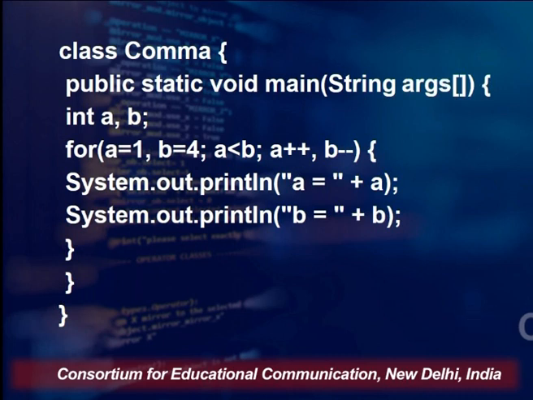Similarly, at the end, a plus plus and b minus minus are both iteration statements, separated by a comma. In between the initialization and iteration statements, there is the conditional statement, a greater than b. This could be a compound condition, but not multiple conditions. We cannot have multiple conditional expressions, but yes, a compound expression is perfectly valid here.